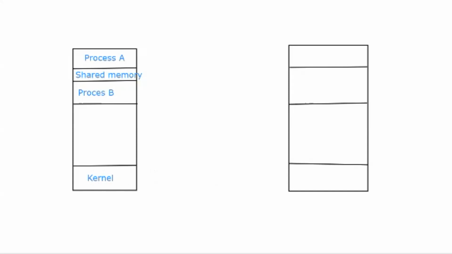Now again here also we'll draw kernel, process B, then again we will draw process A. So these were the different options which I was showing you.